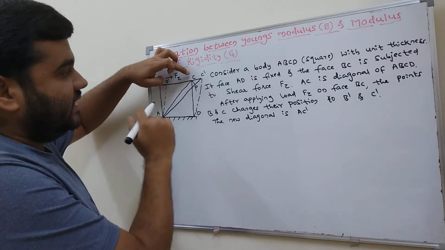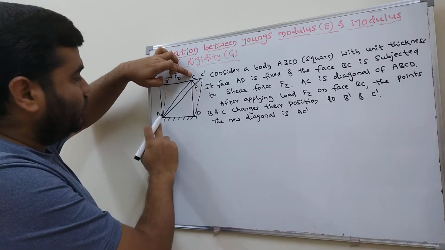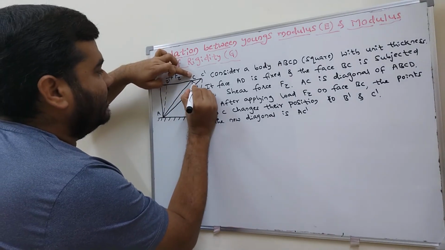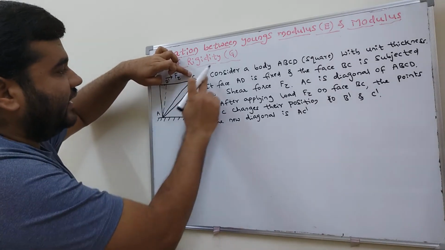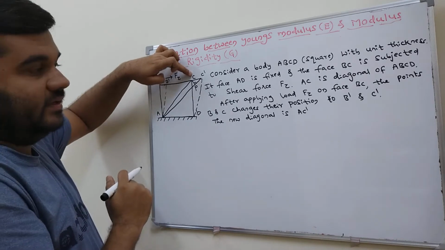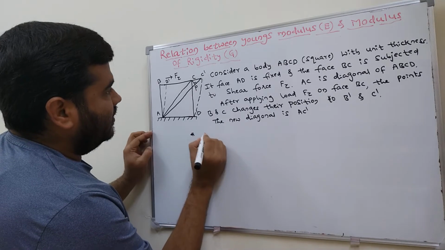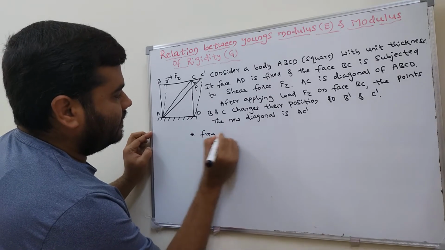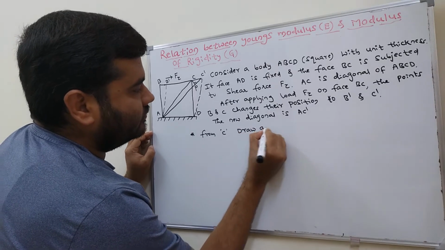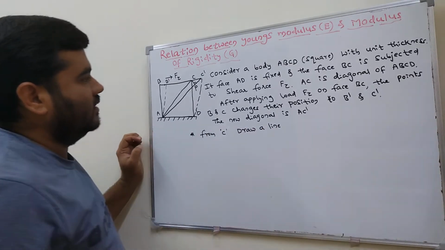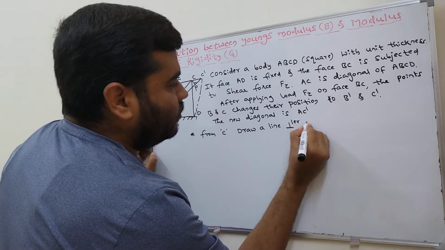Okay. From C, you need to draw a line which is exactly perpendicular to AC dash. It means this is 90 degree. Which meets the diagonal AC dash at P. Okay. Just I'll write the next point. From C, draw a line perpendicular to what?